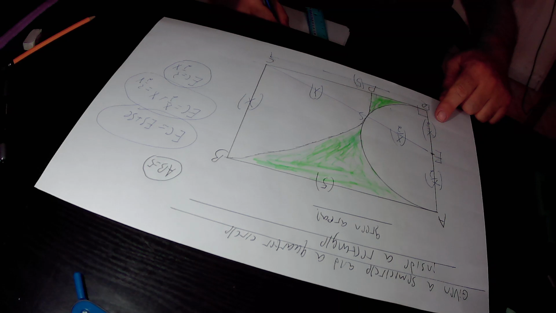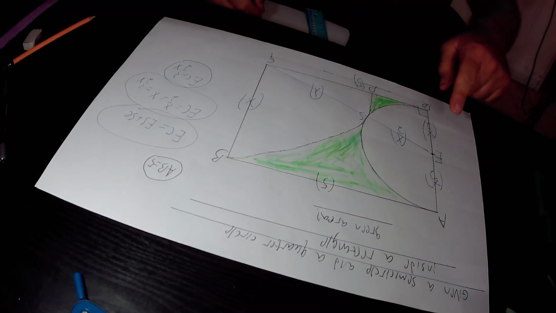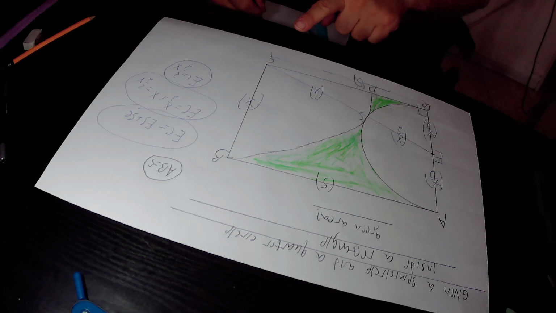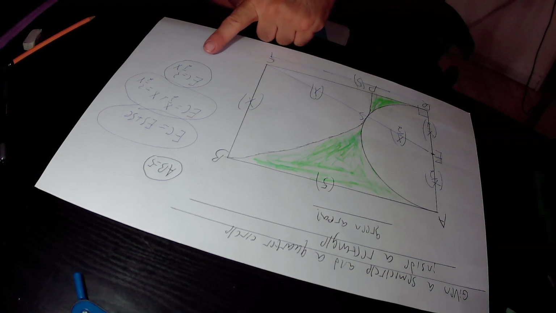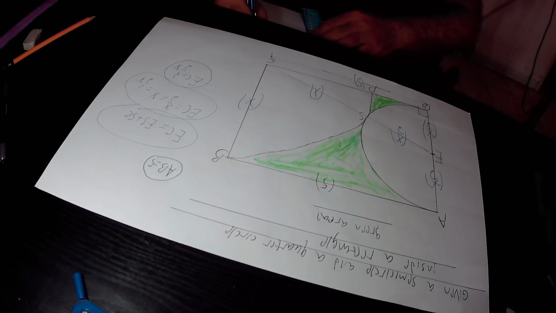ED equals x over 2 units in its length. We have already found out that DC equals 5 units in its length. And finally, the hypotenuse EC equals 3 over 2 x units in its length. Here PT is the abbreviation for Pythagoras theorem.